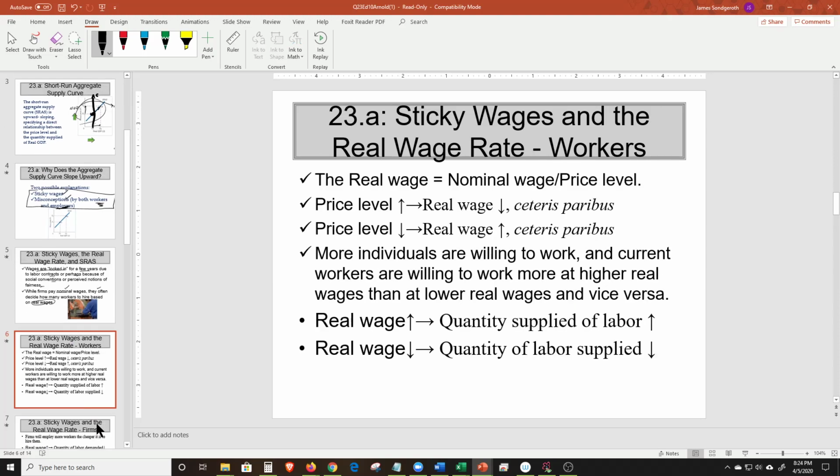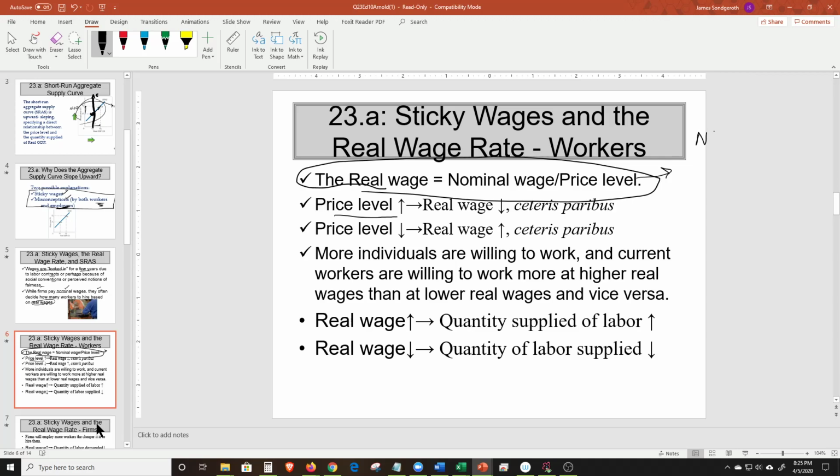So now the textbook goes through this business that if the price level increases, and basically here is the formula they use for the price level. And remember that this is sort of related to GDP.